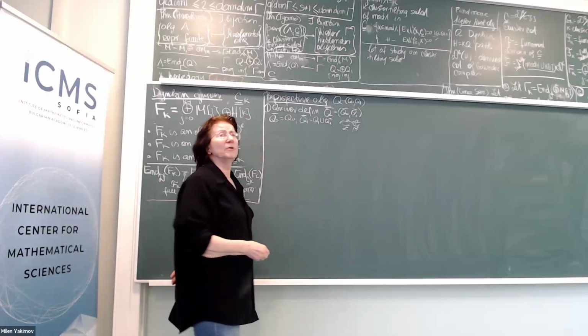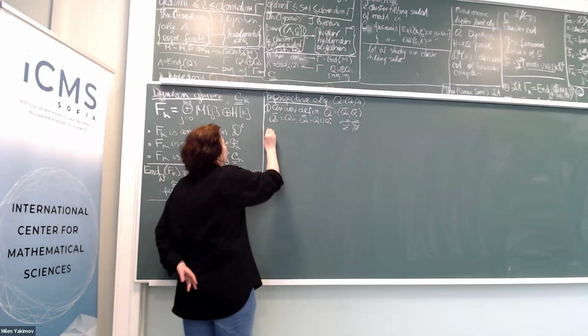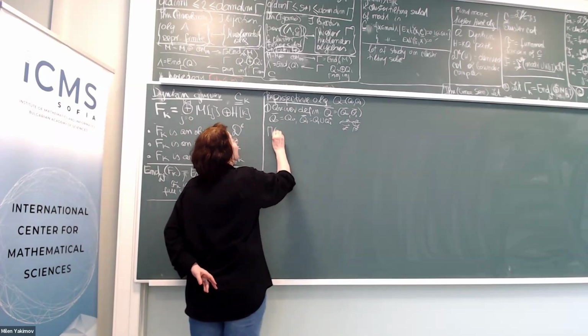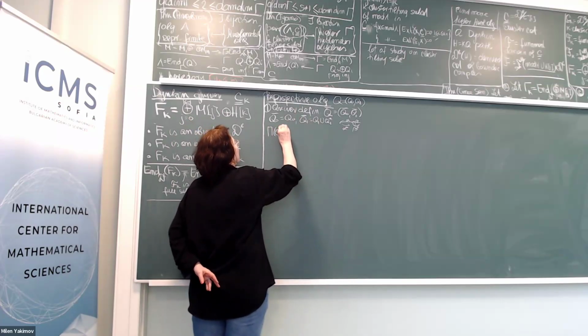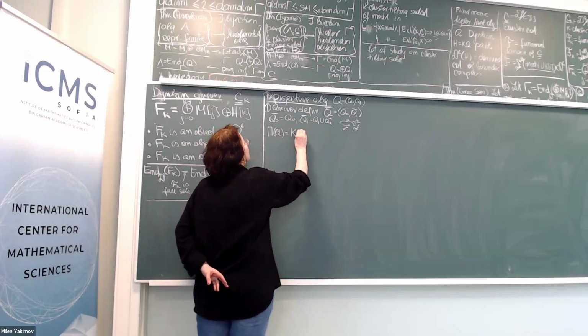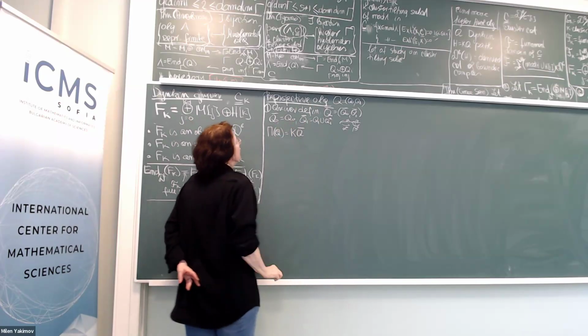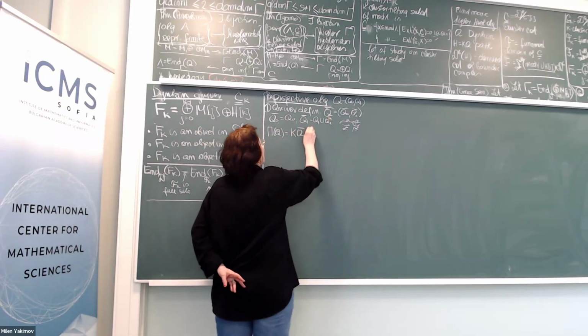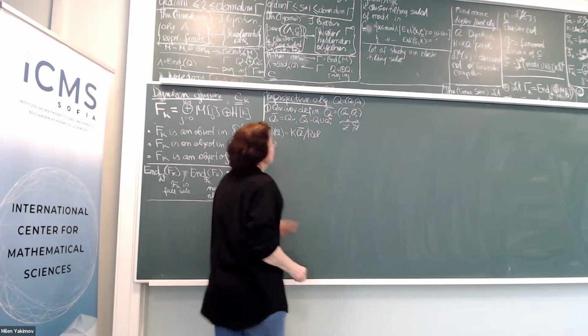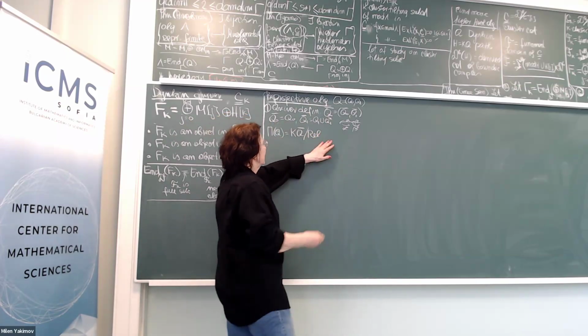And then you also put relations. So the preprojective algebra of Q is defined as the path algebra of this Q bar mod relations.